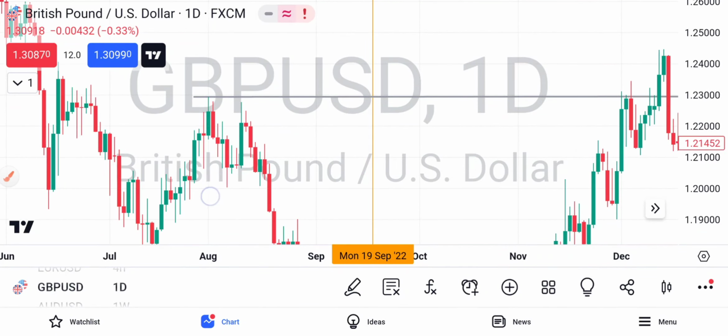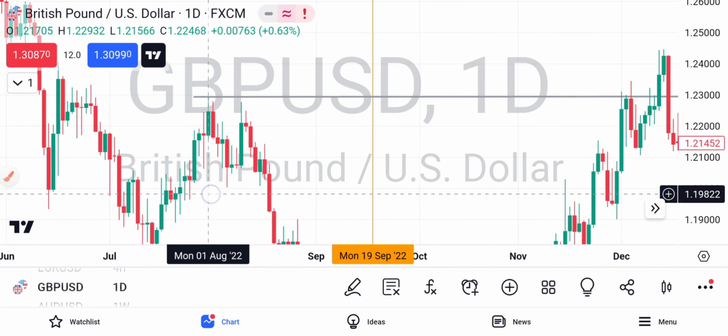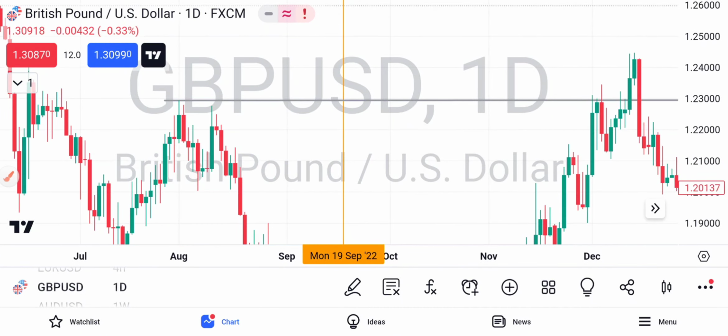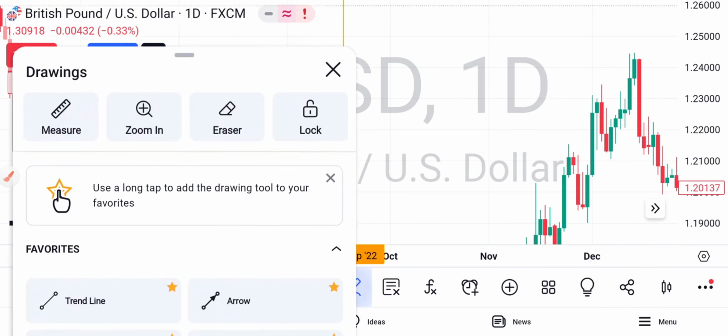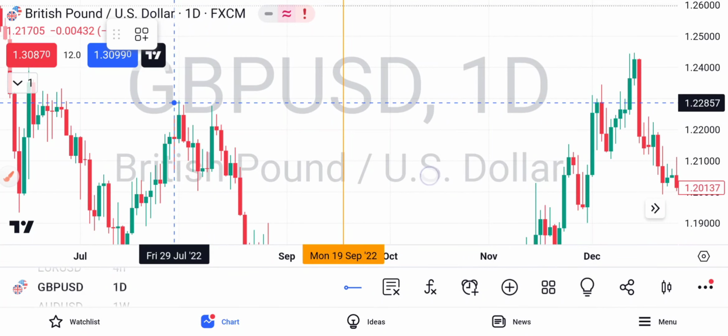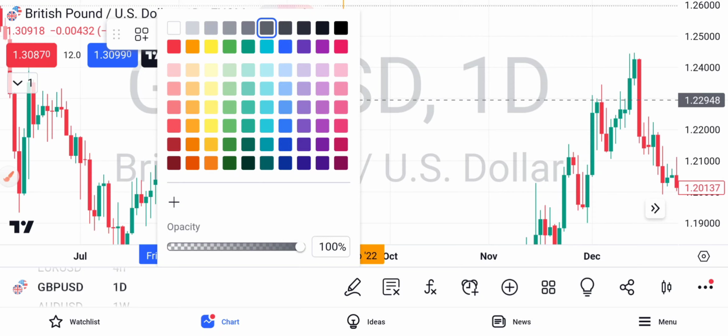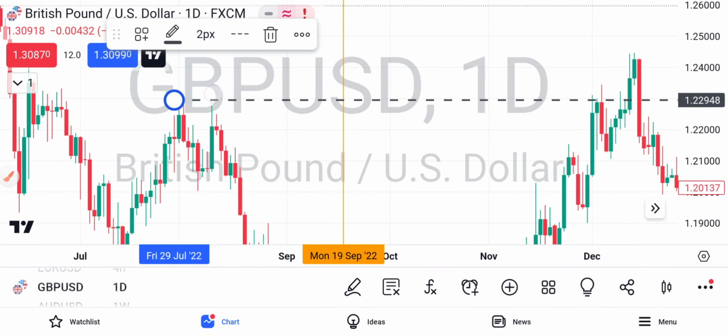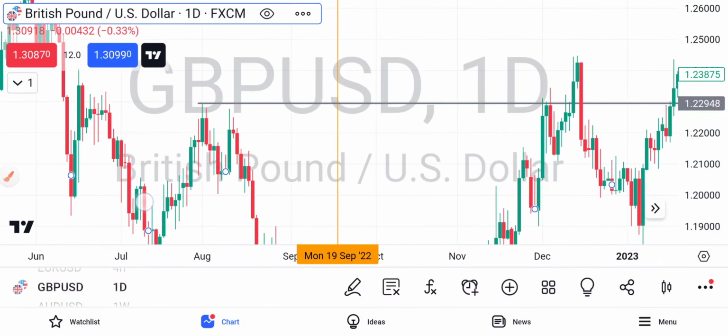The price being the high of this candle, 1.22932. Let me use this one instead, so you'll be able to see.